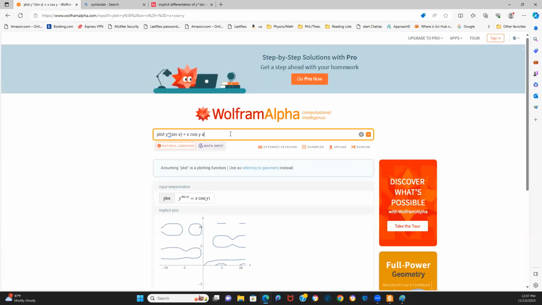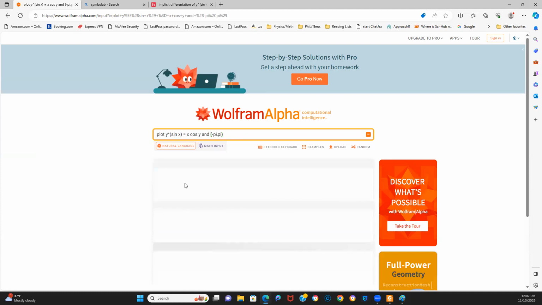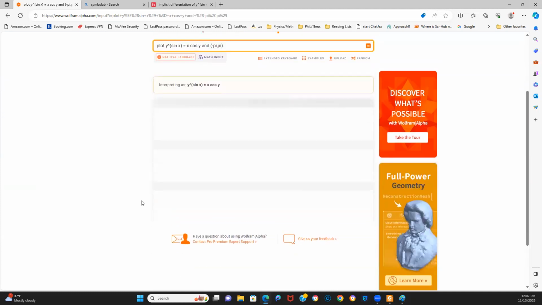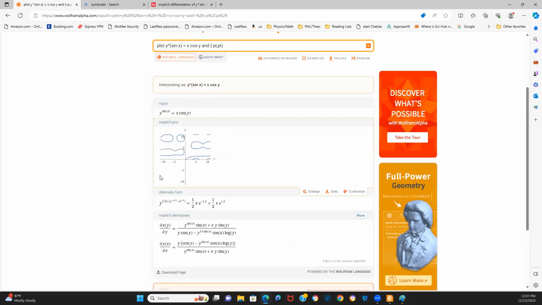Can I plot a point? Negative pi, comma pi. Now I'm not sure. I think what we did was right, but I don't know if it'll let me plot an individual point.